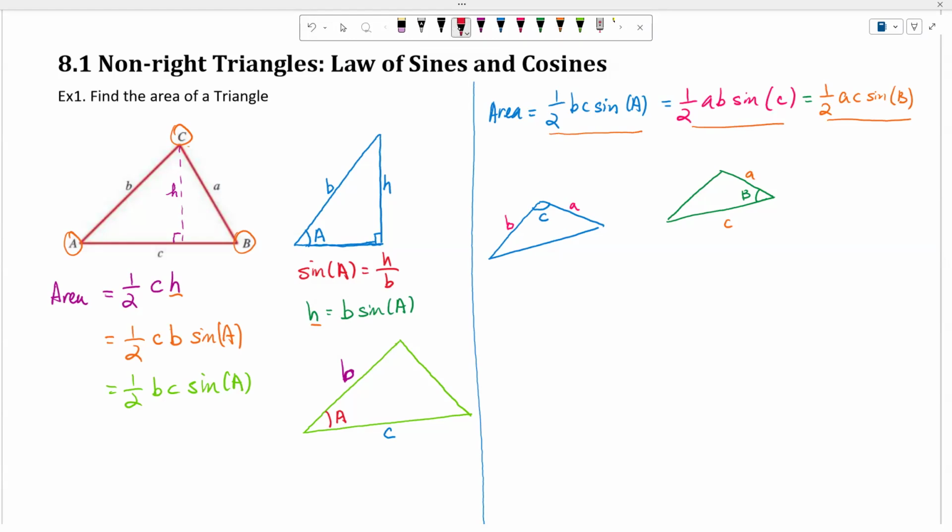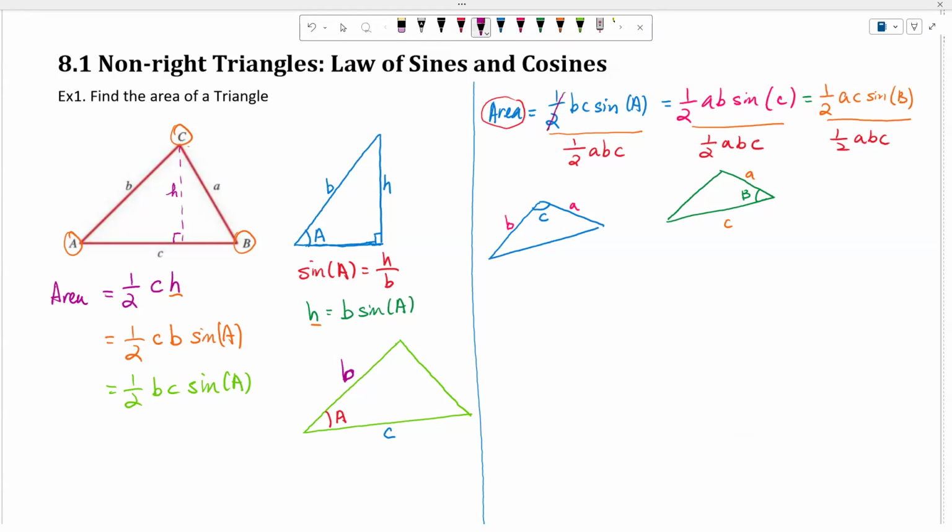What if I divide everything by 1/2 ABC? Can I do this? Of course, because they are the same area, and I divide by the same quantity, 1/2 ABC, so the quantity remains the same.